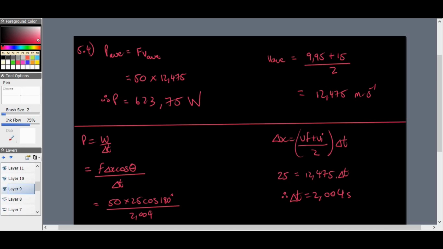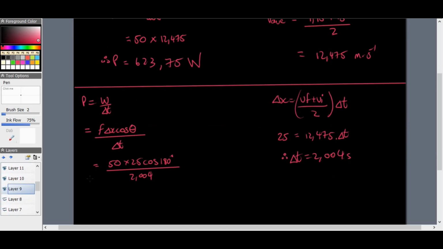I think it was 50 times 25 times cos 180 over 2,004. It gives us an answer of minus 623,75, which just indicates the direction. The power is now 623,75 watts, and of course that's in the direction of friction. But we're not going to give a direction, we just state it clearly like that.